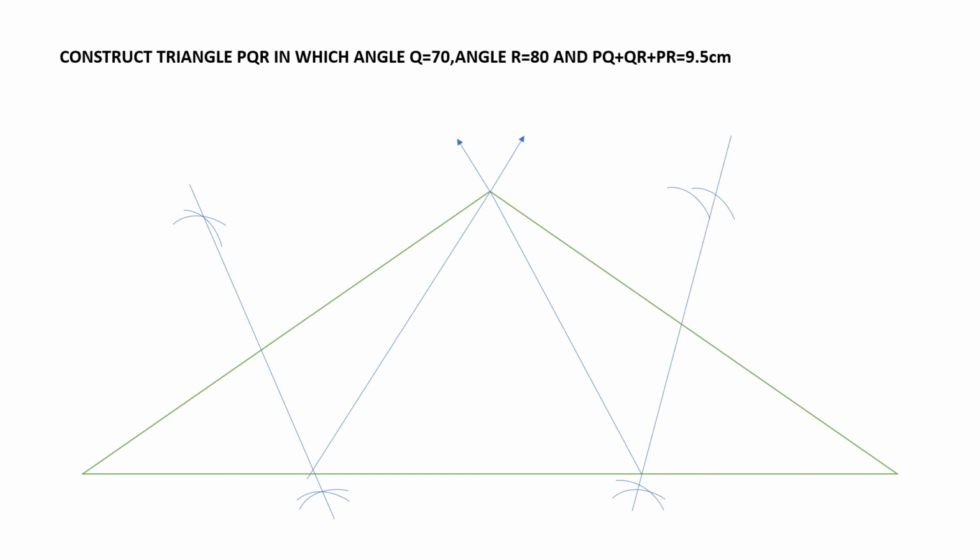From this point you will get here, and after that you will get the bisector line from both sides. Draw a line, then join this part. This will be your P, this will be your R, right?